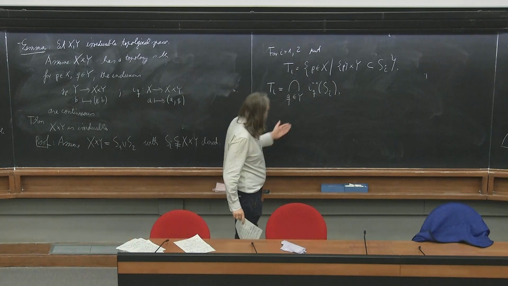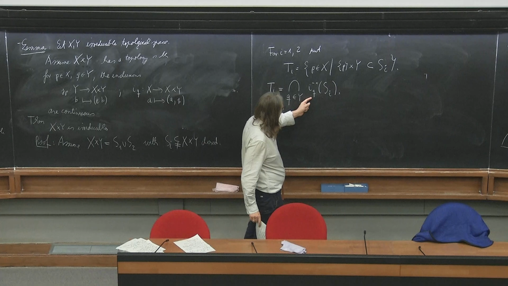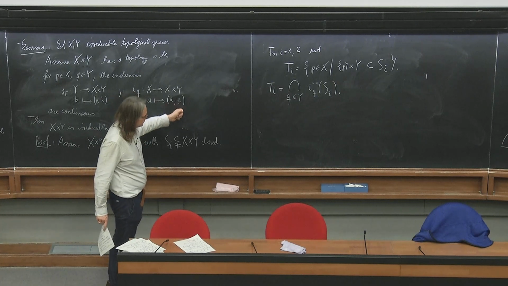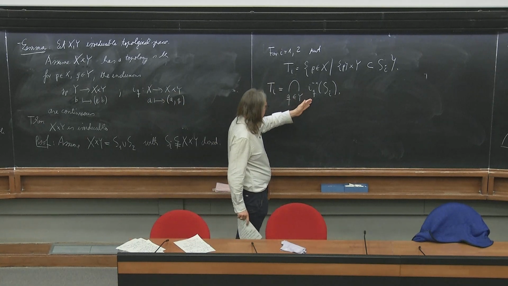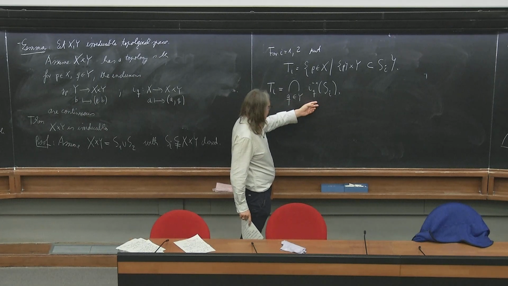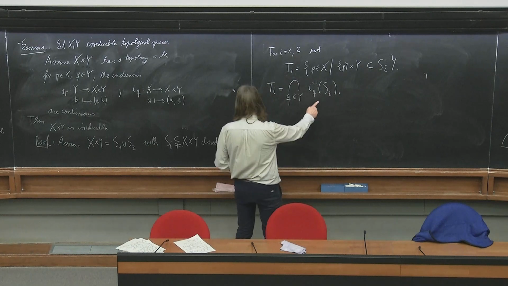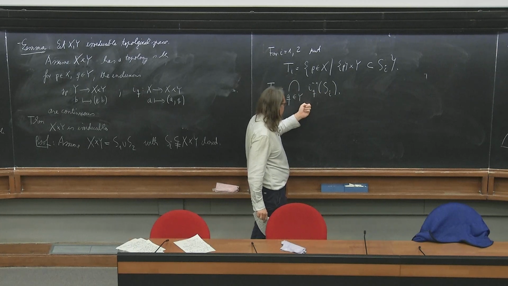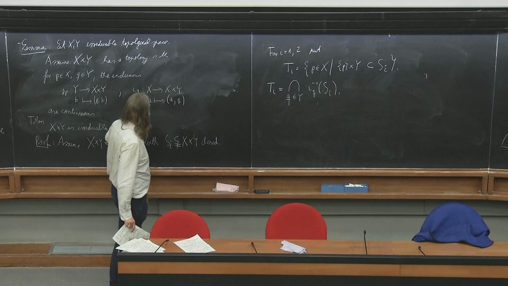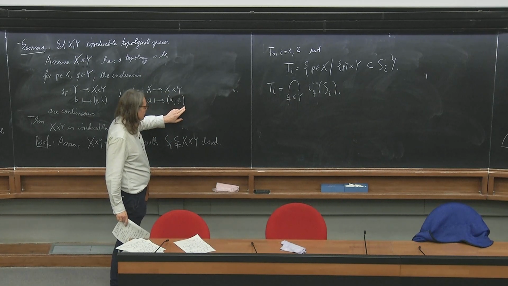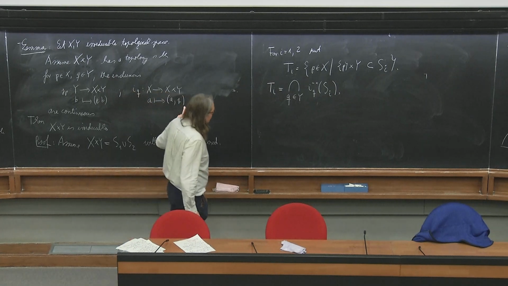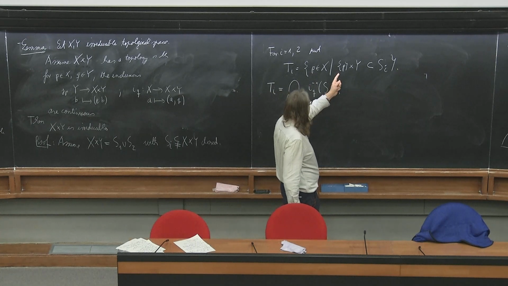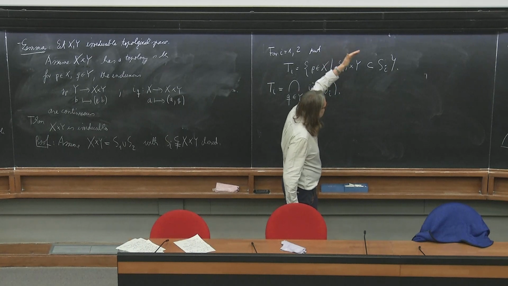Why is that? So what does it mean? i_q is the map which sends a to (a, q). So i_q to the minus 1 of S_i is just the set of all p in X so that the point (p, q) lies in S_i.